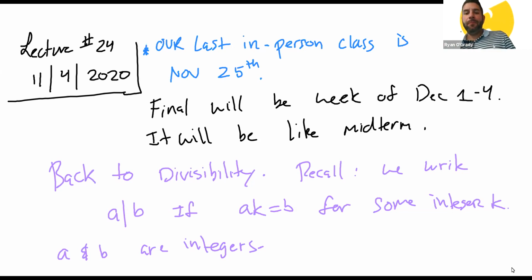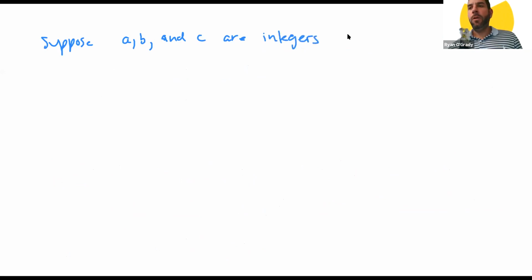All right. So here we need to know some facts about these things. This turns out to be important. So suppose that A, B, and C are integers with A not being 0, because you can't divide by 0.